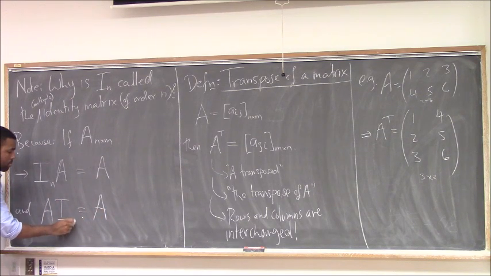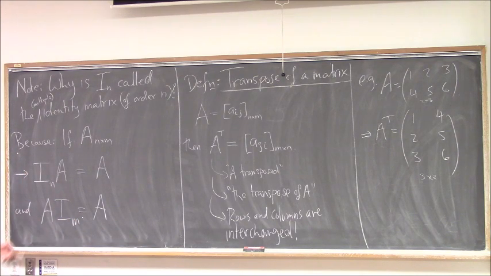M. That's N. Right? Again, order matters. So there might be a different size identity depending on the context. But once your matrices can be multiplied, multiplying by an identity matrix will give you the original matrix back.